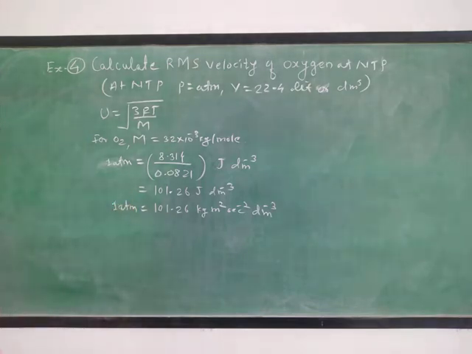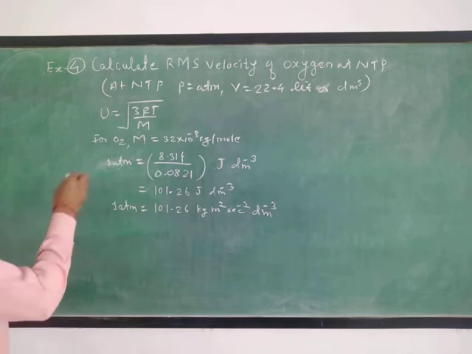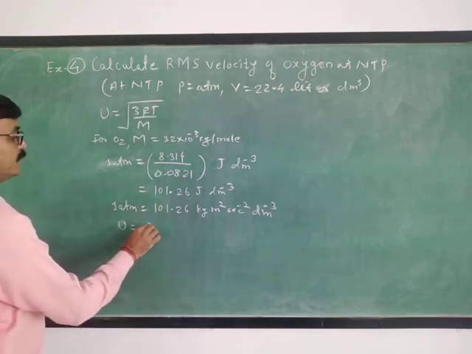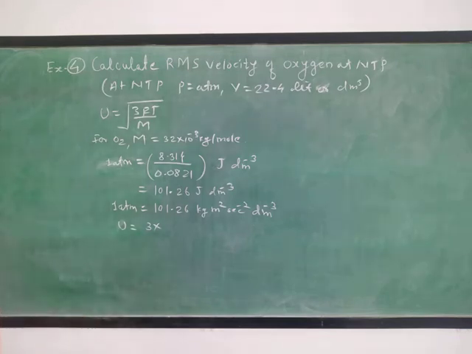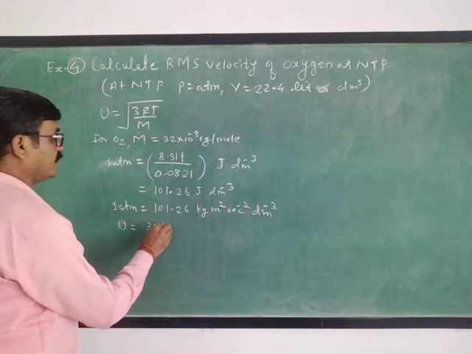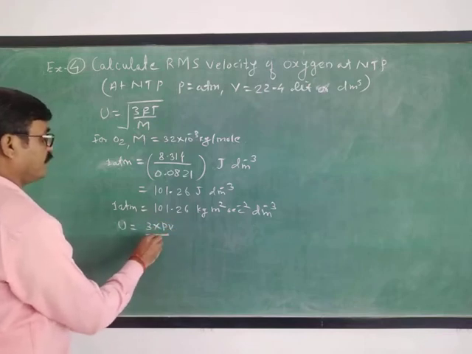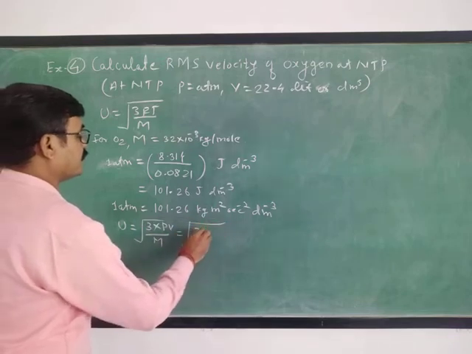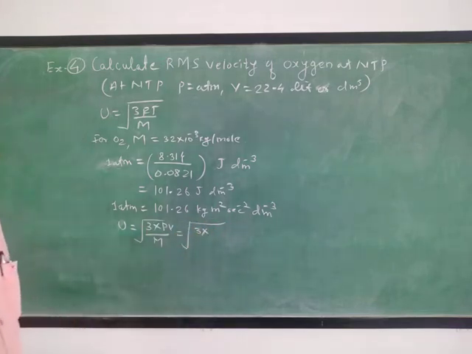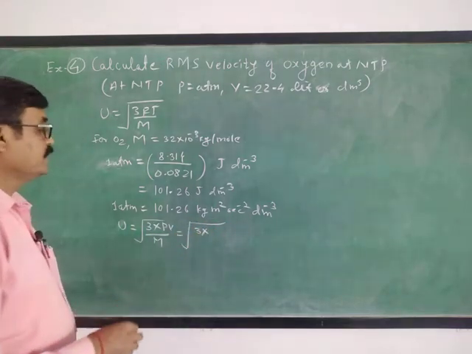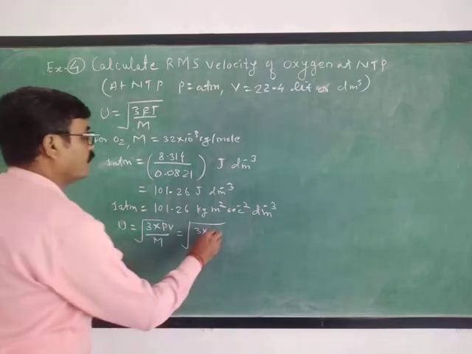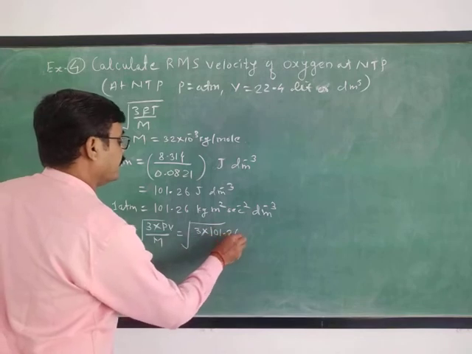Now put this in our formula of RMS velocity. U equals root of 3 into, what is the value of RT? You know it is nothing but PV, so PV upon M for 1 mole of gas. Solve further. 3 into, what is the value of pressure? It will be 101.26.